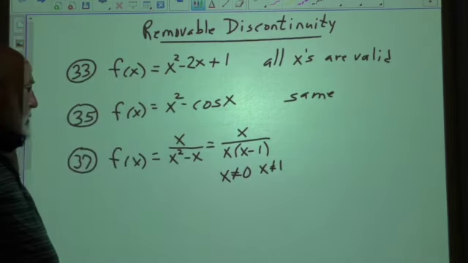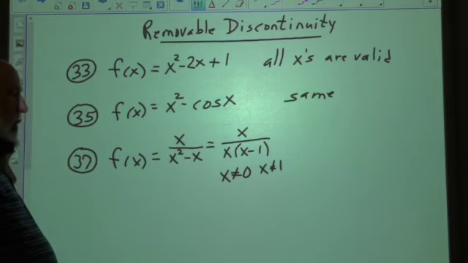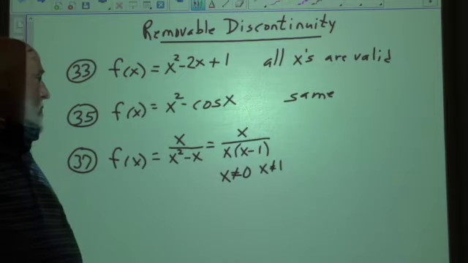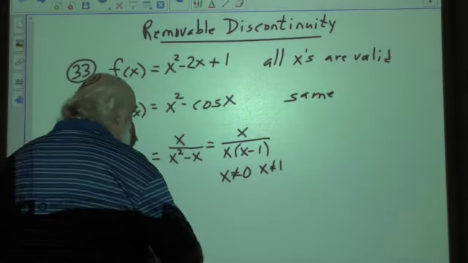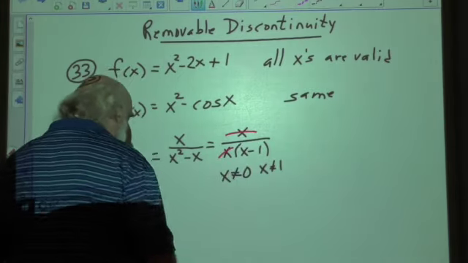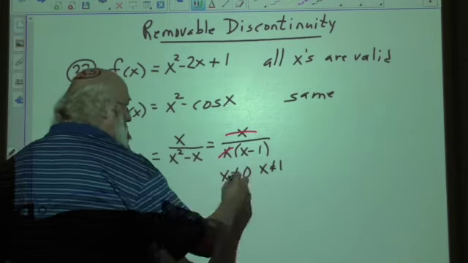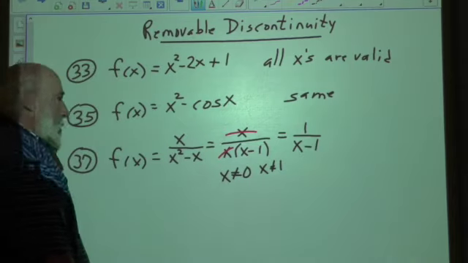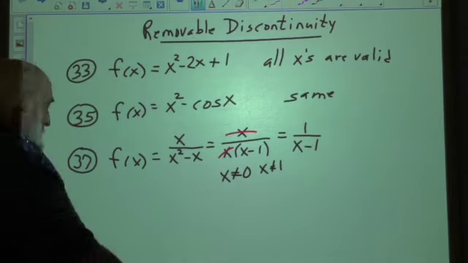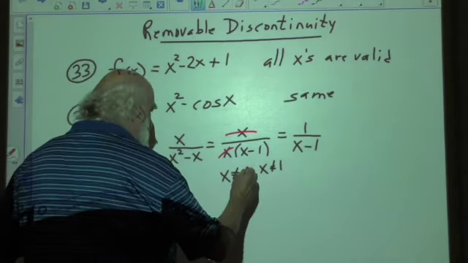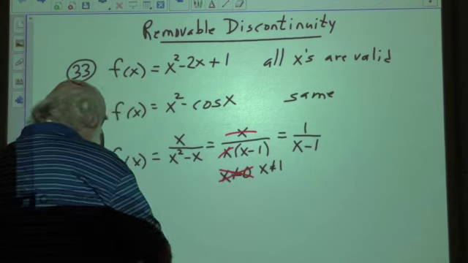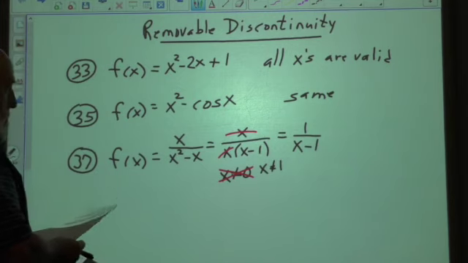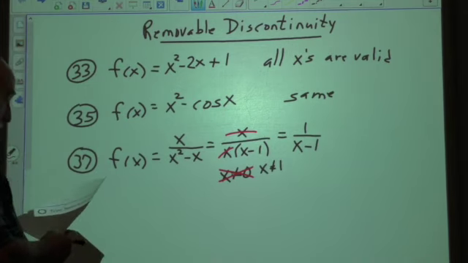So there are going to be 2 points of discontinuity in this, but we can eliminate one of them because the x here will cancel out here, and this will leave us 1 over x minus 1. So that would eliminate this right here. So we have removed one of the issues with the denominator here.